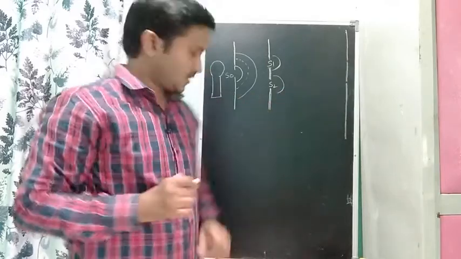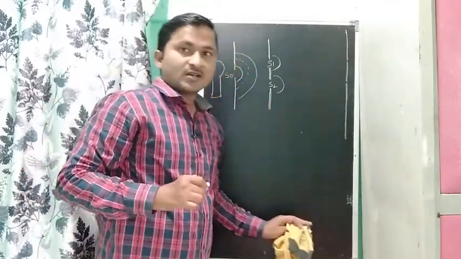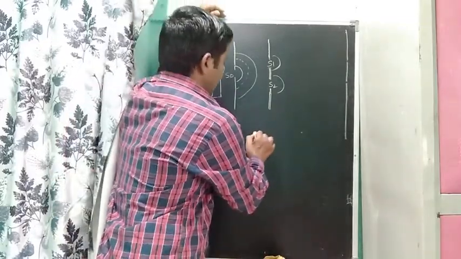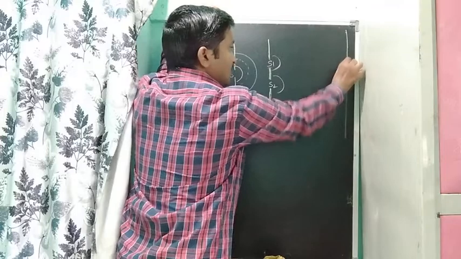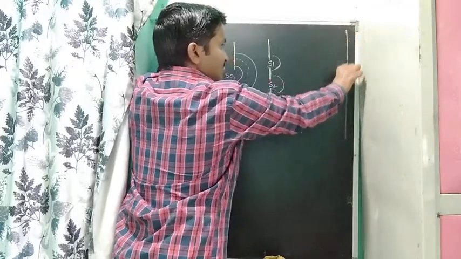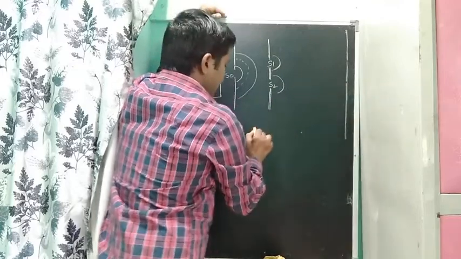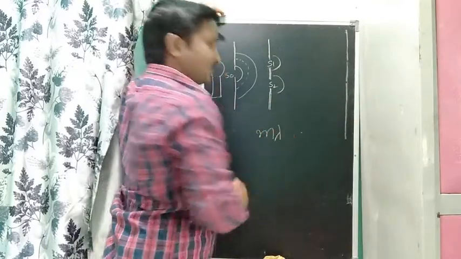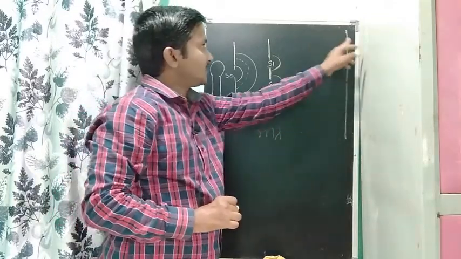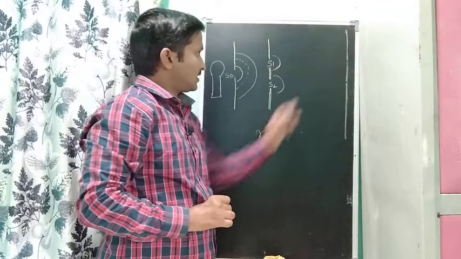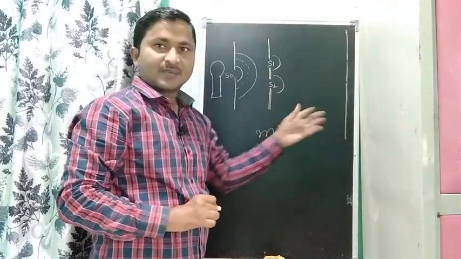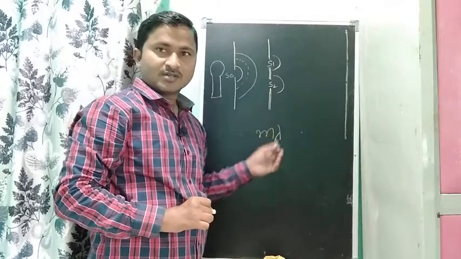dark fringe is formed. And the condition for the formation of bright fringe and dark fringe is that whenever the path difference between the two light waves reaching the point on the screen is equal to m lambda, we get the bright region, where m equals 0, 1, 2, 3.